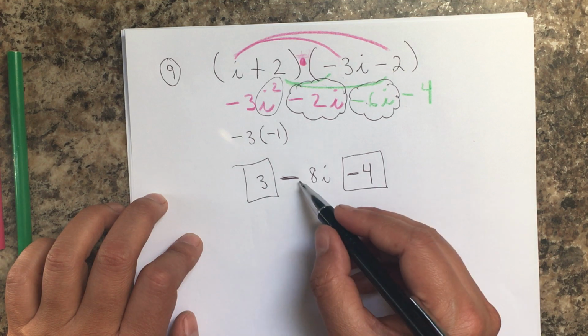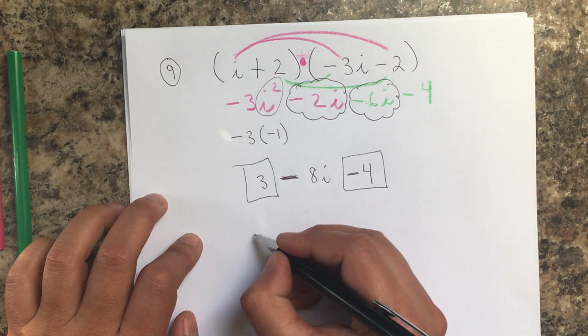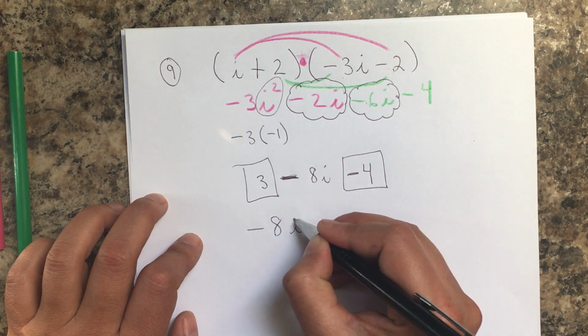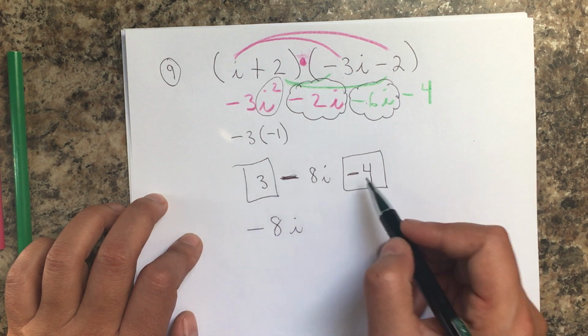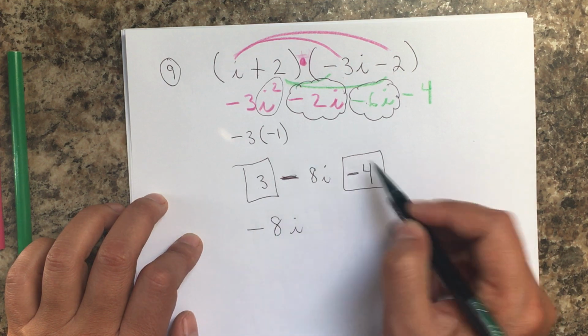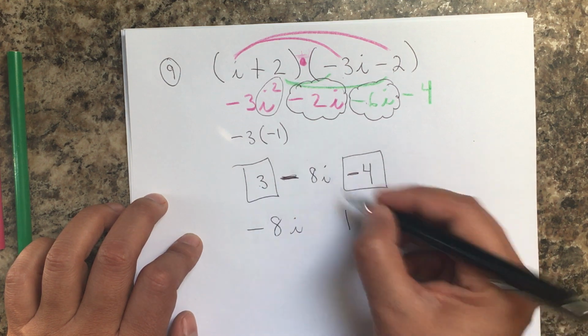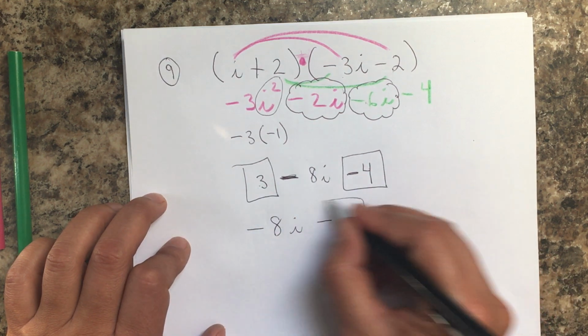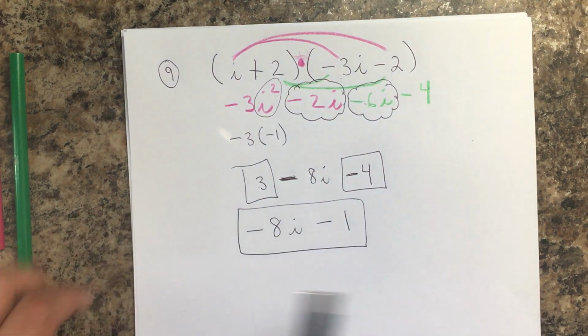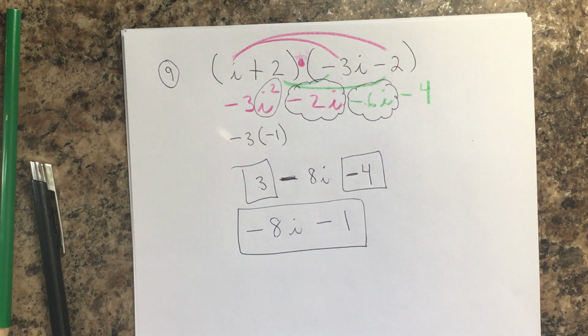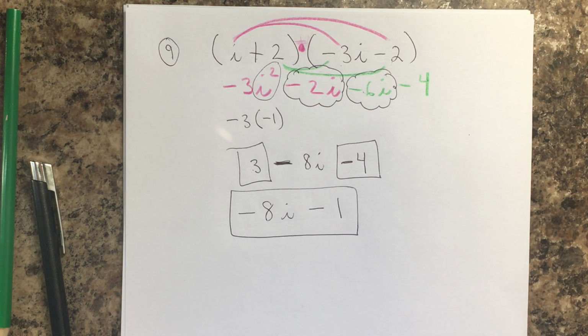And so this negative belongs to the 8i, so that stays there. If I have different signs, I subtract and leave the sign of the greater one. So 4 minus 3 is 1, and the greater sign is negative. So that's it. And so with this now you can go ahead and do 1.7 and have fun.